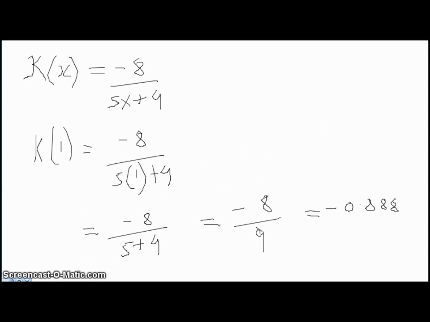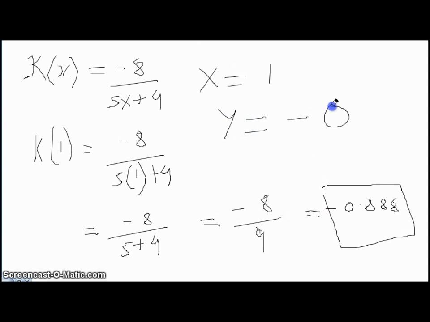We need another point. We took x equal to 1: negative 8 over 5 times 1 plus 4, negative 8 over 5 plus 4, negative 8 over 9, which is equal to negative 0.88.